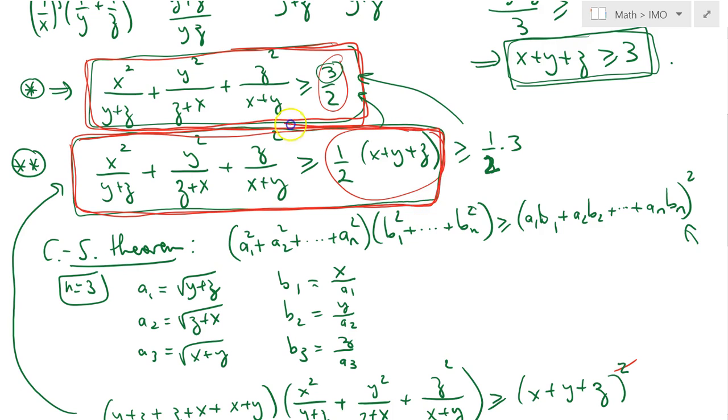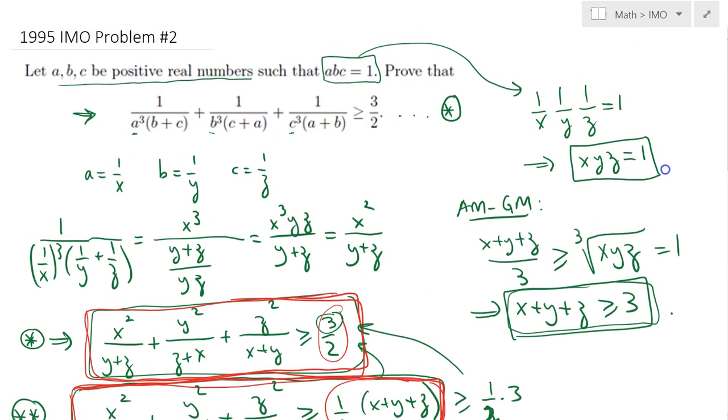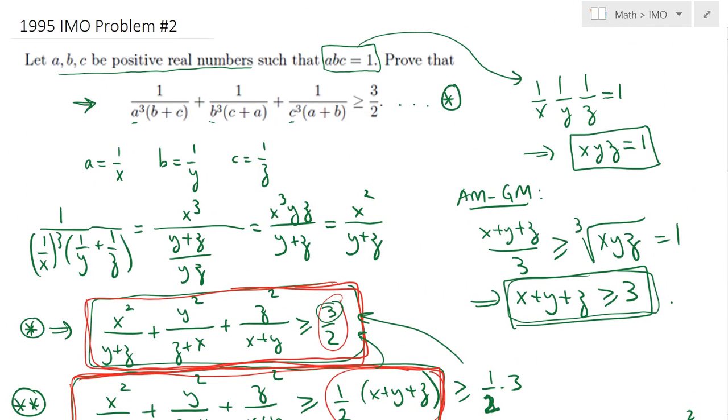So therefore, I just proved this one, again using just convexity and Jensen inequality, basically. But as I said, there are quite a few different ways you can solve this problem, which is, as I said, a pretty easy question for an inequality problem at the IMO, at least as a problem number 2 here. That solves the problem. Hope you enjoyed it, and I'll see you in our next video.